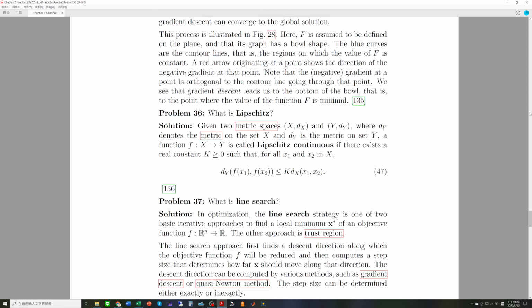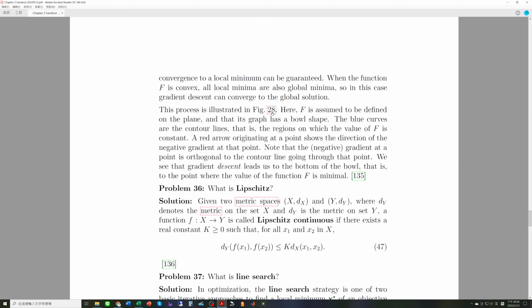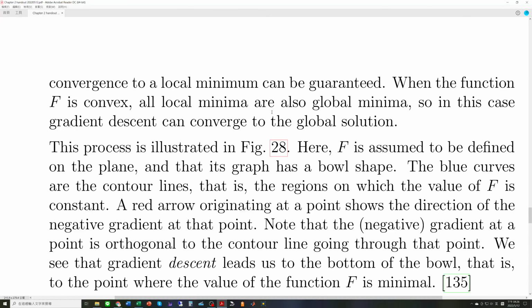Let us go back to the first figure, figure 28. Here, f is assumed to be defined on the plane, and its graph has a bowl shape. The blue curves are the contour lines, that is, the regions on which the value of f is constant.